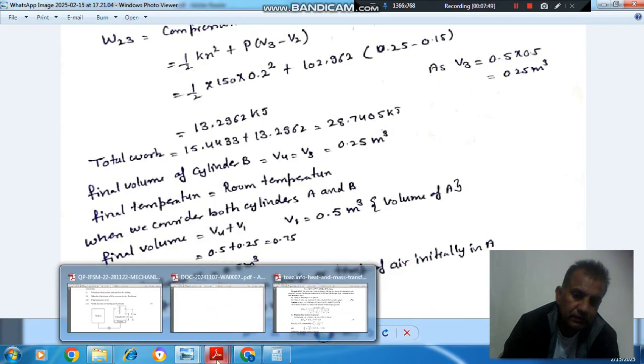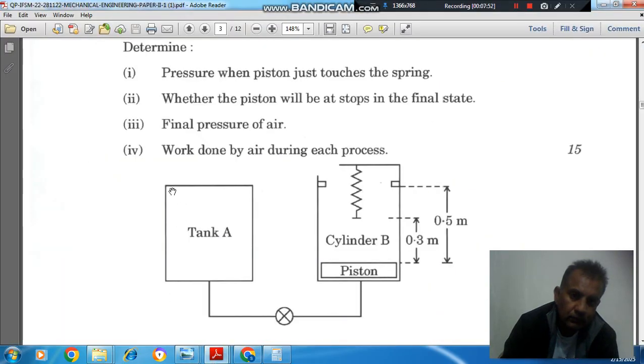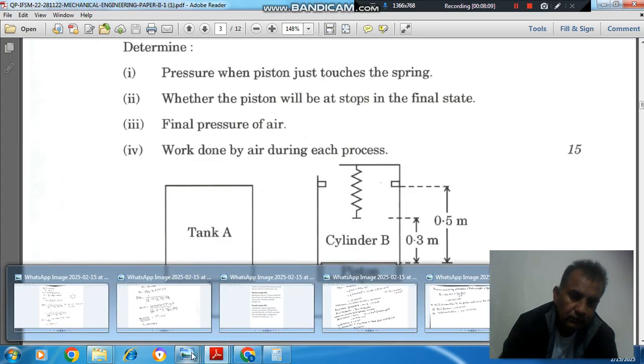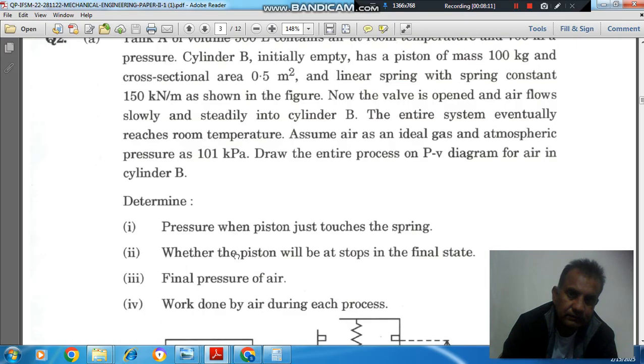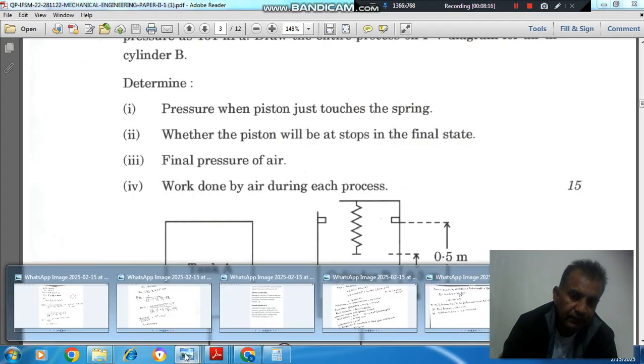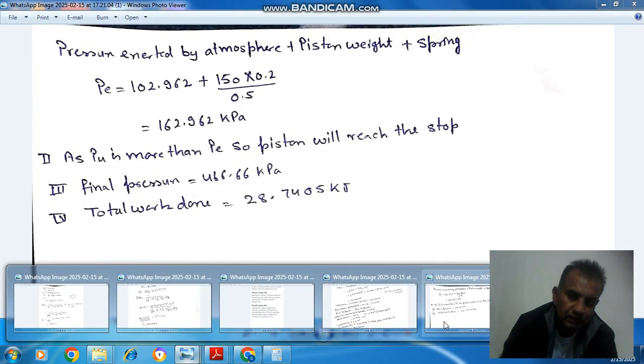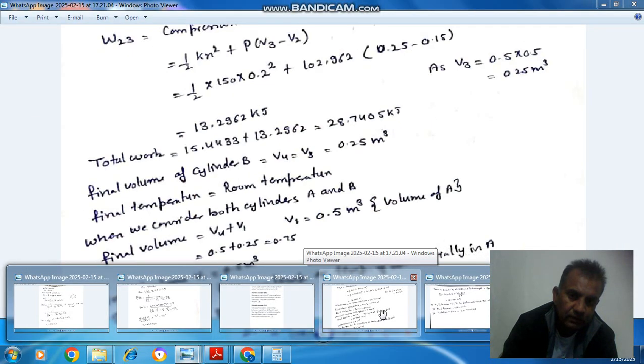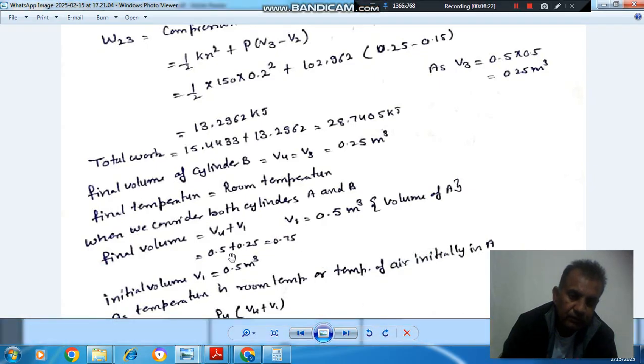Now if we consider tank A plus cylinder B as a total system, the initial volume is the volume of tank A, and the final volume is the volume of tank A plus the volume of cylinder B. The initial pressure is 700 kPa, and the final pressure is P4, with the final volume being the summation of these two.